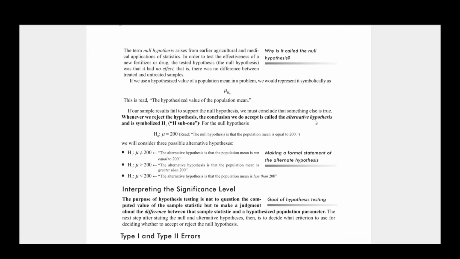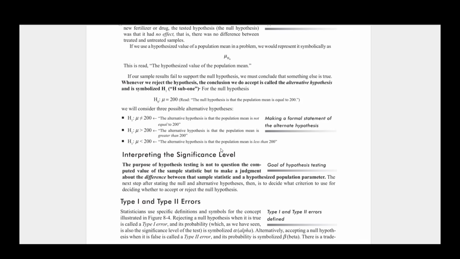To understand that, let H naught, the null hypothesis, be mu equal to say 200. Then we can have three possible alternate hypotheses. First, mu not equal to 200. That means the mean which the sample indicates is not equal to 200.